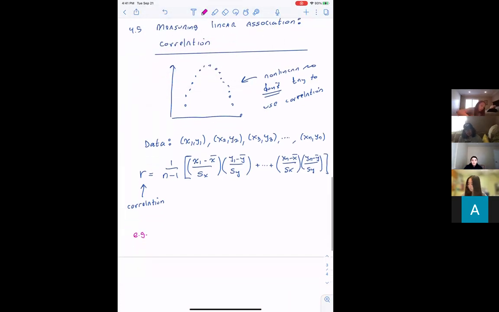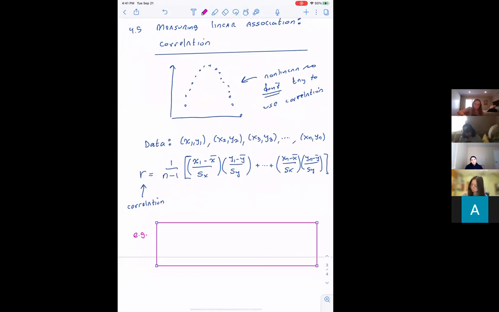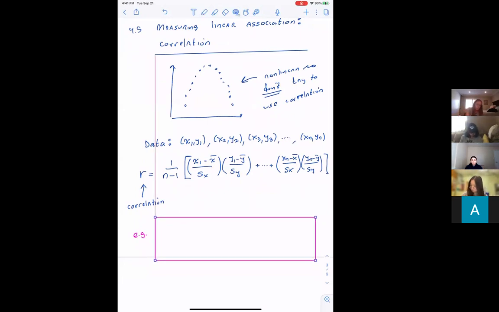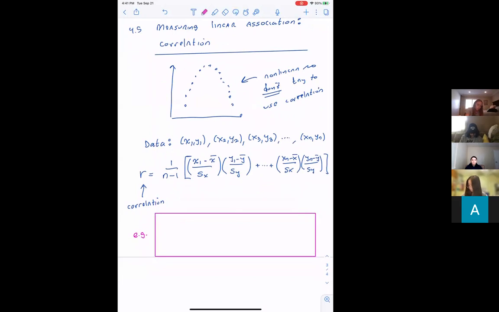So here's an example. We have the following data set. It's only 5 data points. And we're going to measure the following individuals.